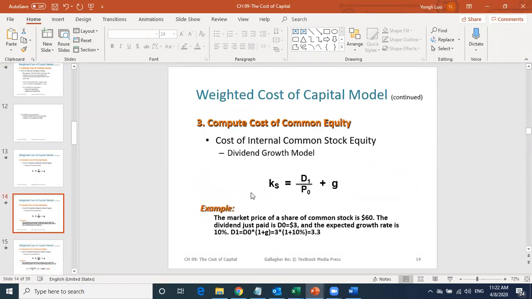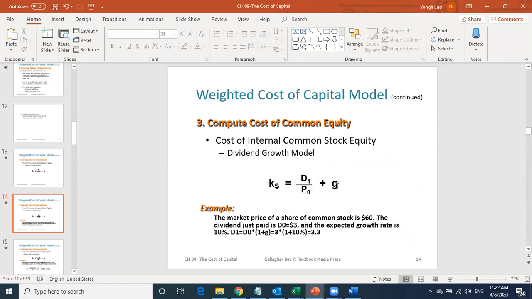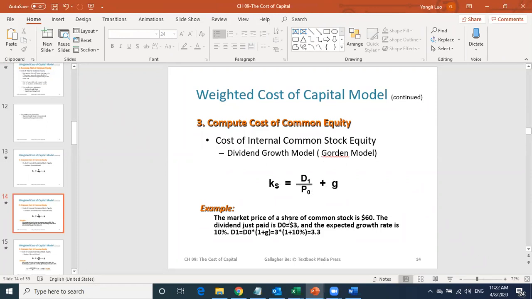When you use the dividend growth model, the cost of common equity is the dividend at the end of the first year divided by the current stock price plus G%. This is also called the Gordon model, the constant dividend growth rate model. Most of the time students get this question wrong because this is D1.